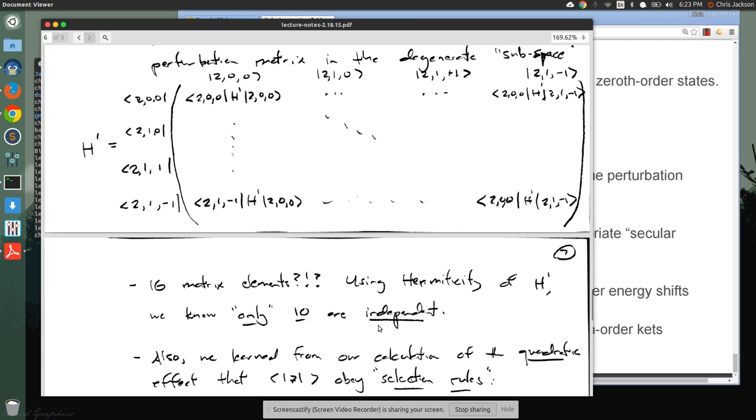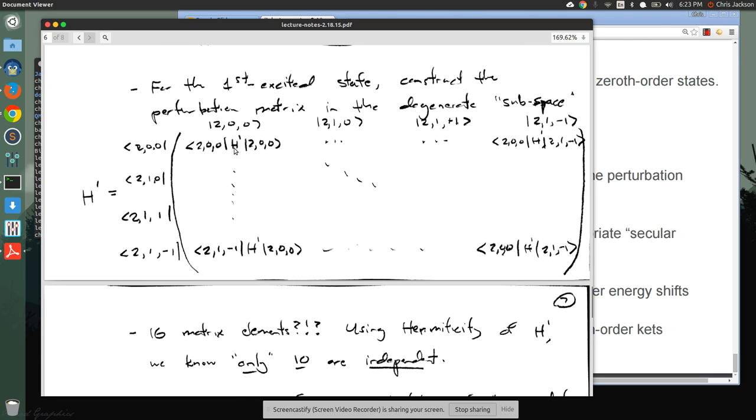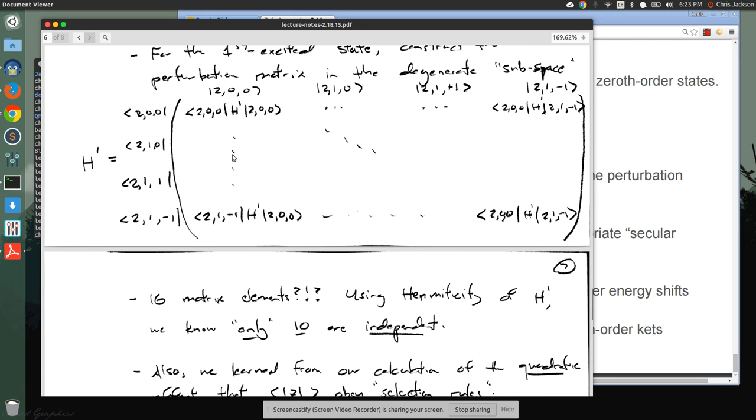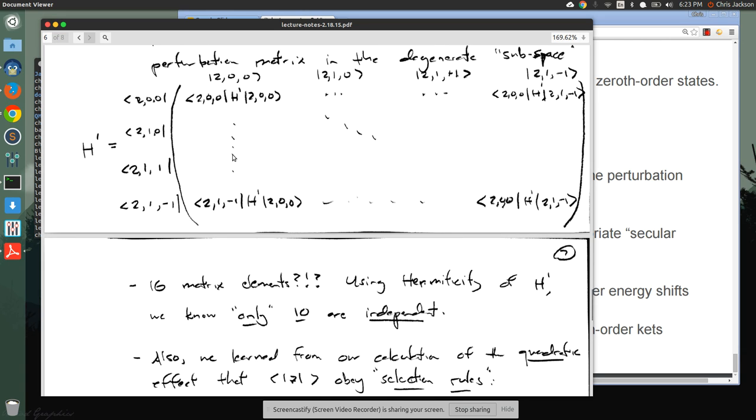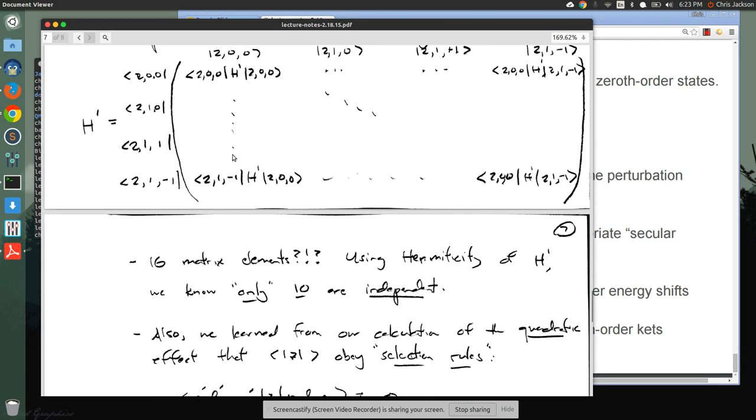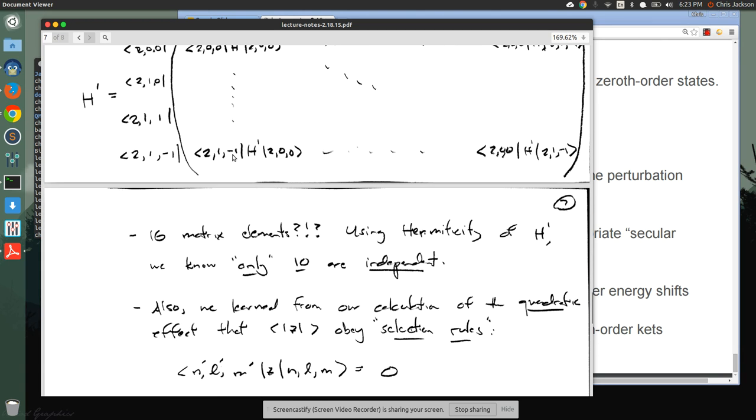So we've gone from 16 down to 10. However, we learned a couple lectures ago that the z operator is odd under parity, and these hydrogen atom states have definite parity, and so the z can only connect odd with even states.